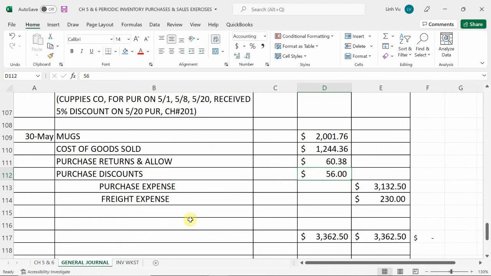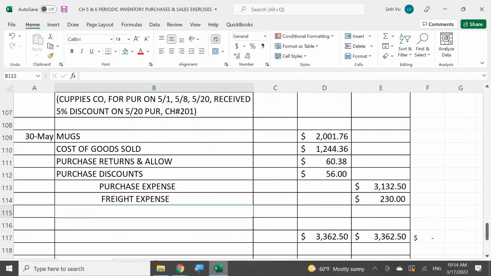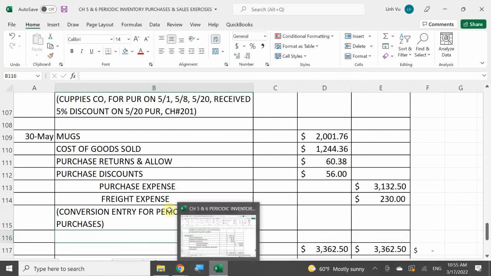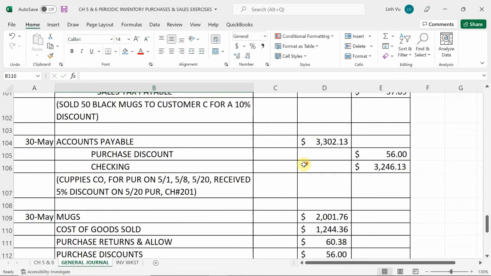So that's it. And then I need to add my little statement here saying this was a conversion entry for periodic inventory purchases. Okay? Any questions in regards to the chapter 5 and 6 exercise?